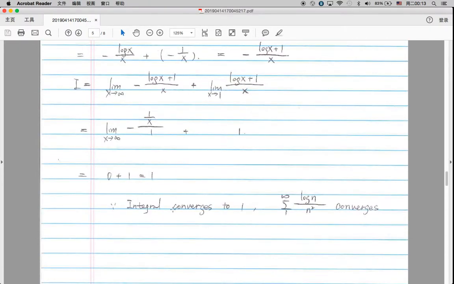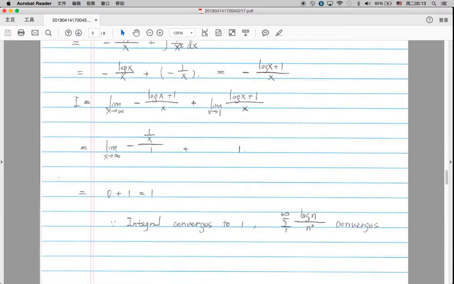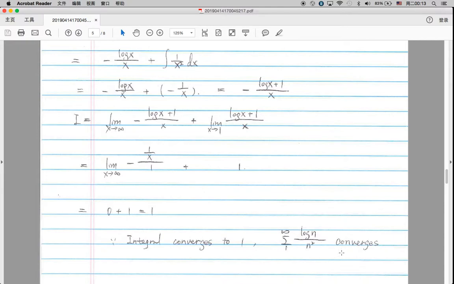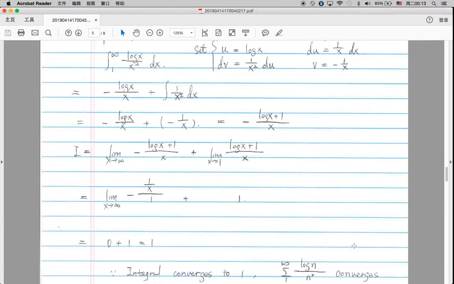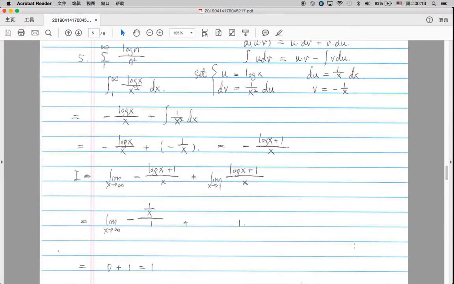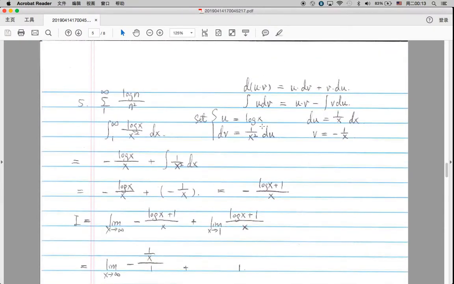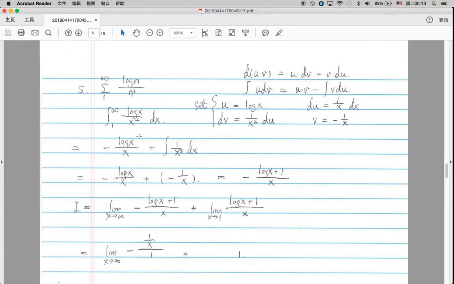Since the integral converges to 1, our target series also converges. For this integral test, we just need to test if the integral converges, then the series also converges.